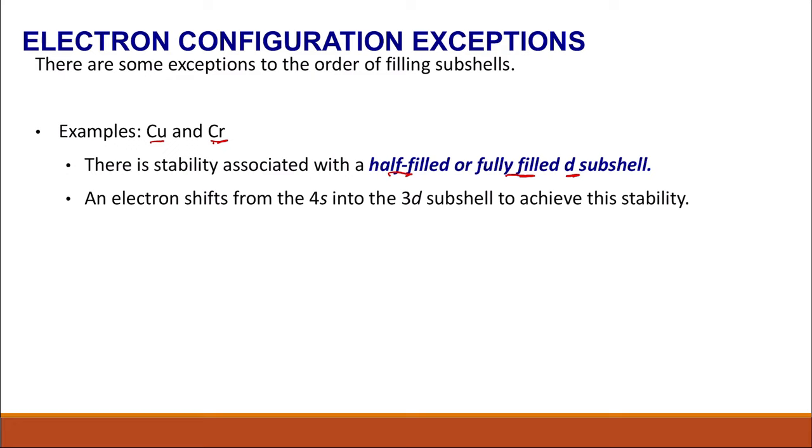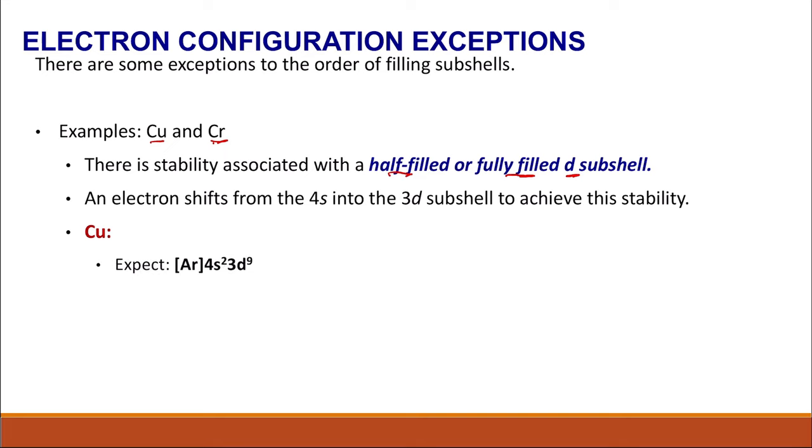So we know that the 4s orbital has to be filled first with 2 electrons, then we move to the 3d subshell. If we are going to achieve a full or a half-filled 3d, then one electron can move from the 4s into the 3d.